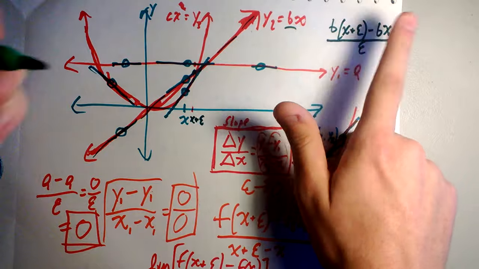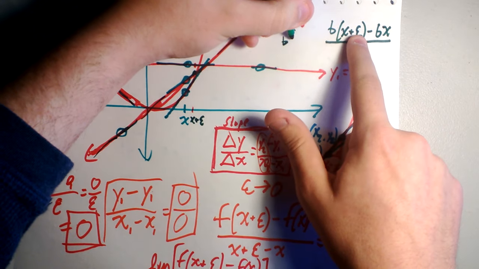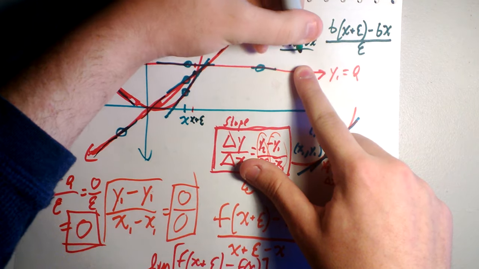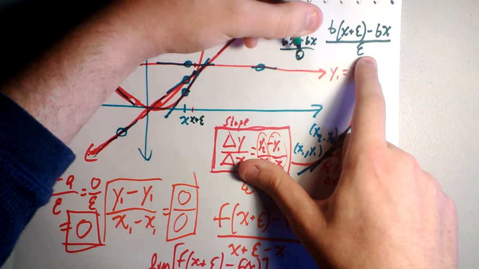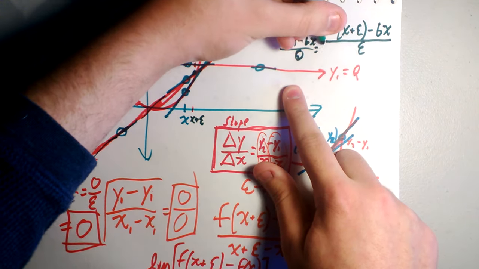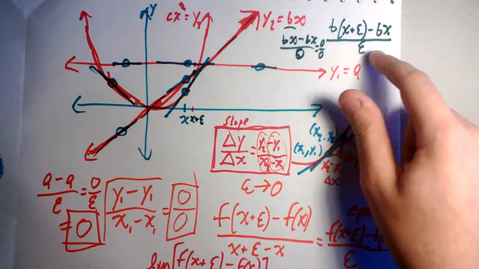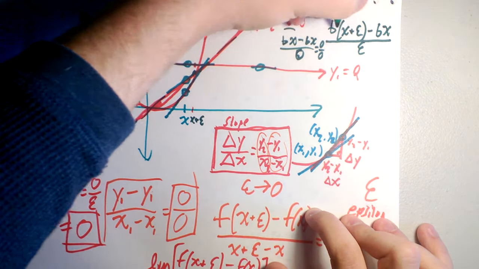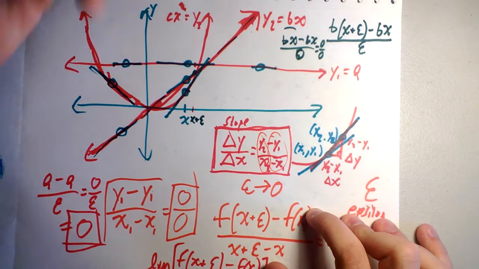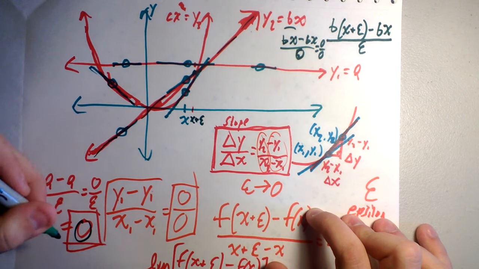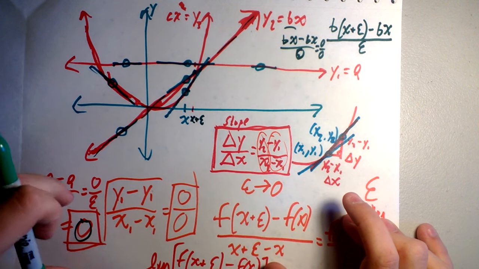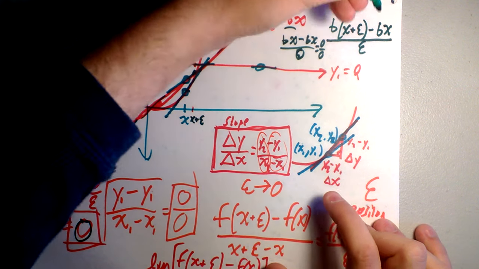Now, if you make it 0 right now, you get b times x over 0, because we're making epsilon 0. Then that becomes 0 over 0. That's the problem. So we can't make it 0 immediately. It just won't work out. So we're going to wait to make it 0. In a sense, we waited to make it 0 after epsilon disappeared. And that's going to be the trick when we're working with these.